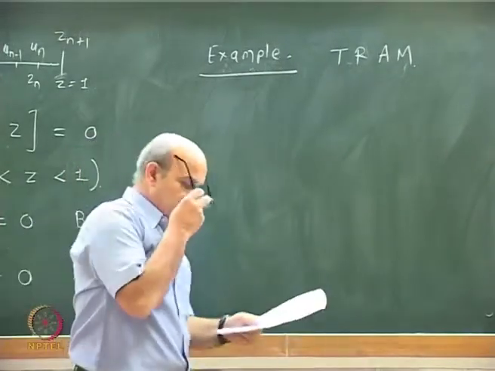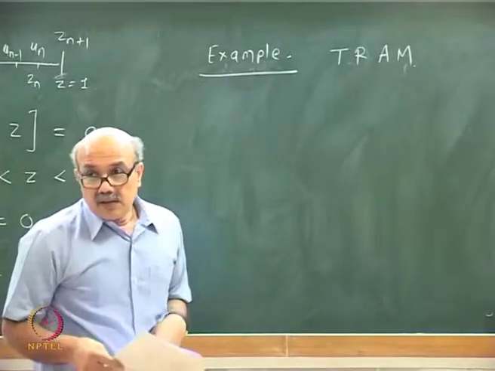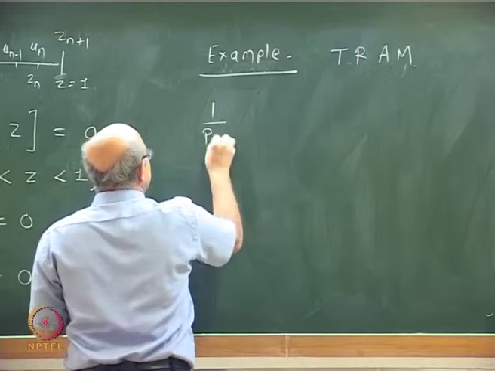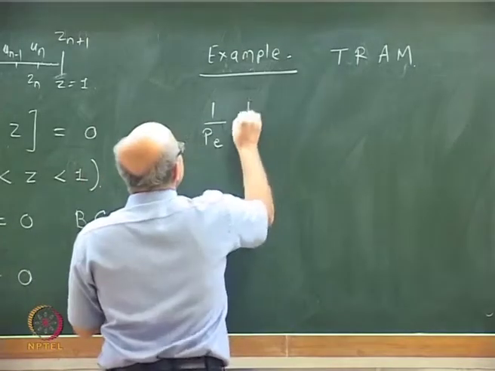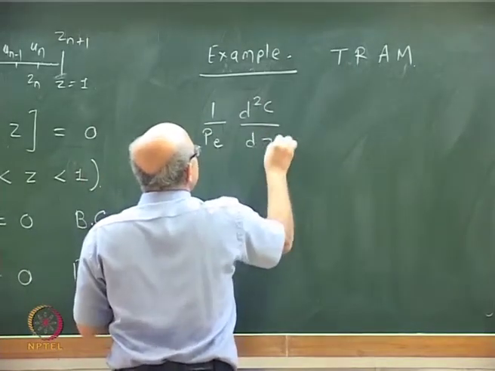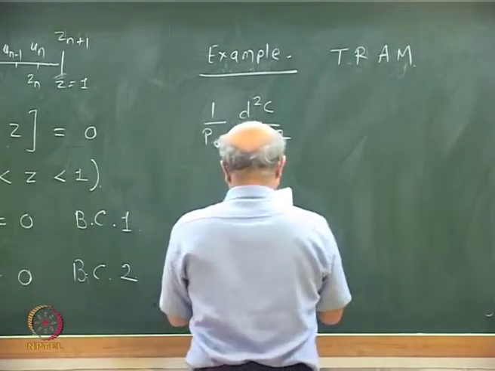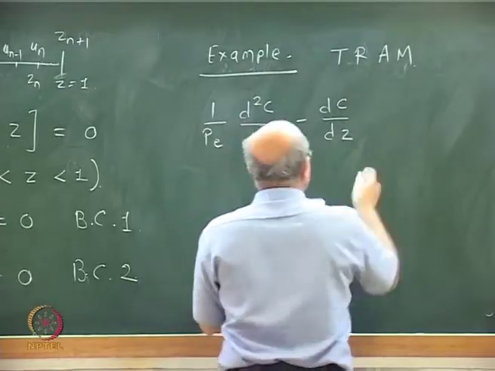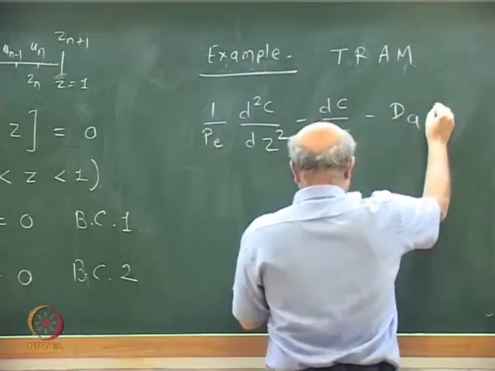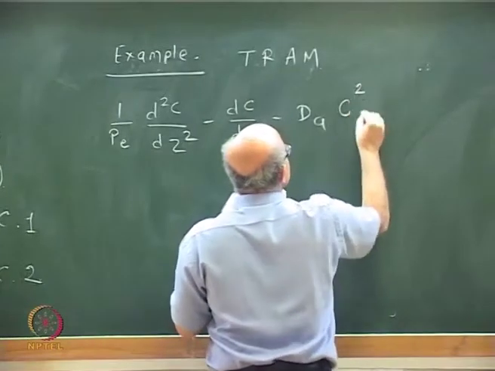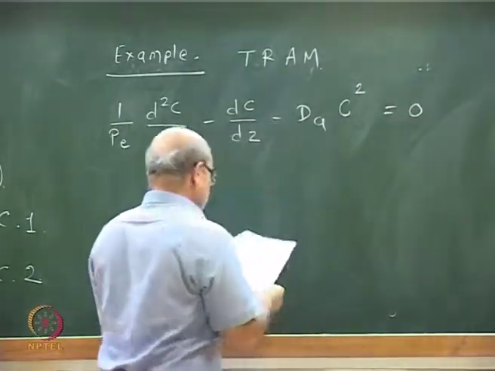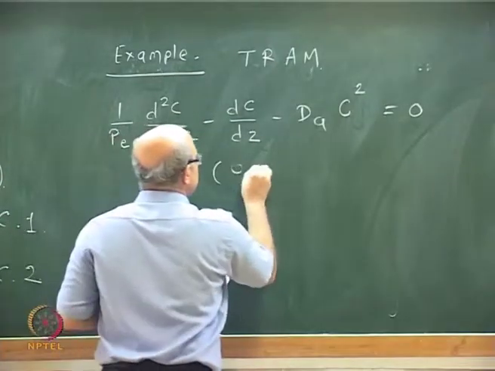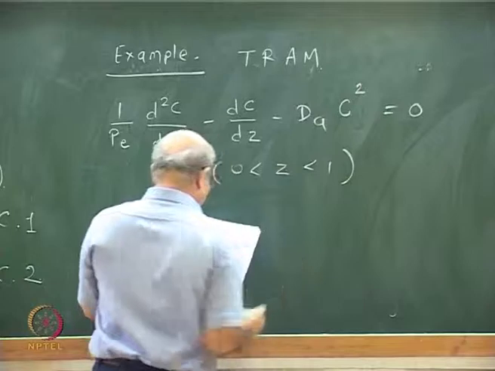The associated ordinary differential equation is 1 by Peclet number into d2c by dz square minus dc by dz minus DA c square is equal to 0. This is the ordinary differential equation that should hold between z equal to 0 and 1.